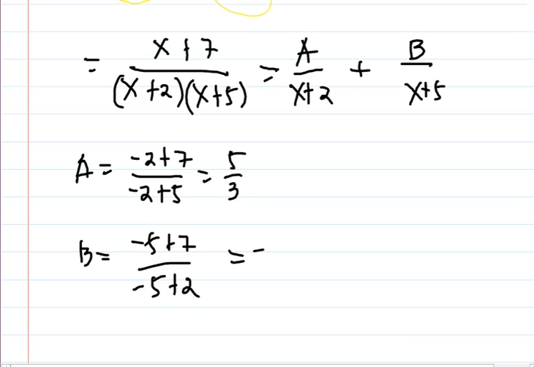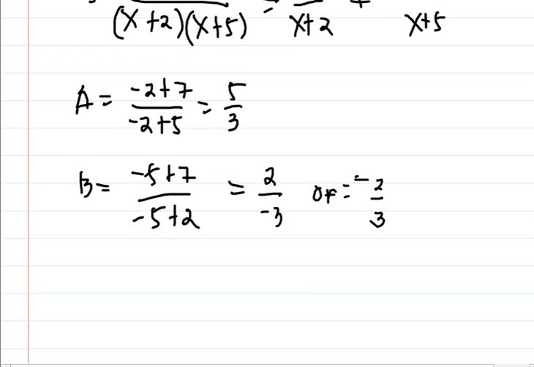So negative 5 plus 7, we have 2 all over negative 3, or negative 2 thirds. Now that we have the values of A and B, we can perform the inverse Laplace transform.